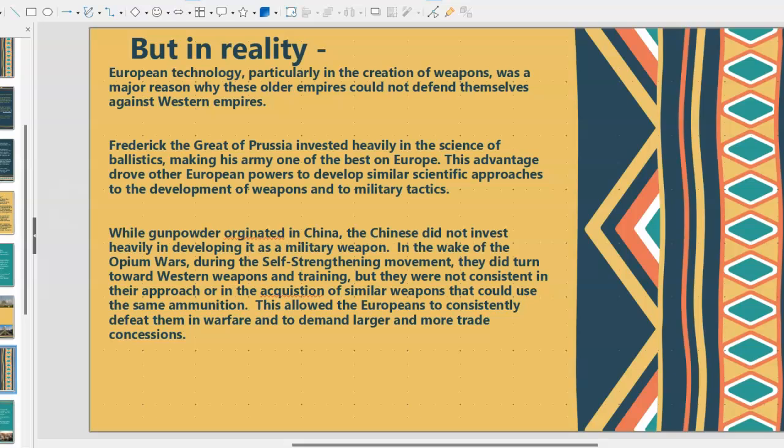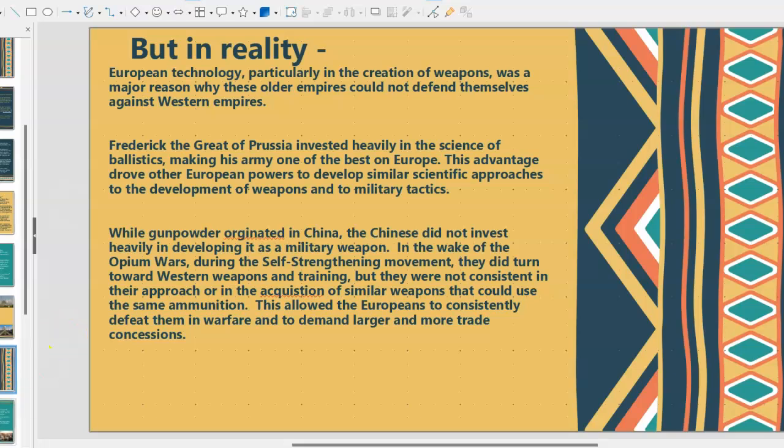Europeans, or not Europeans, the Chinese had the same problem. During the self-strengthening movement, they bought guns from different manufacturers that used different bullets and used different technologies. So they couldn't trade them back and forth among all of their troops. Some groups would have one gun, some another, and that made it very difficult when they were actually trying to fight. This made Europeans able to consistently defeat them and to demand larger and larger trade concessions.